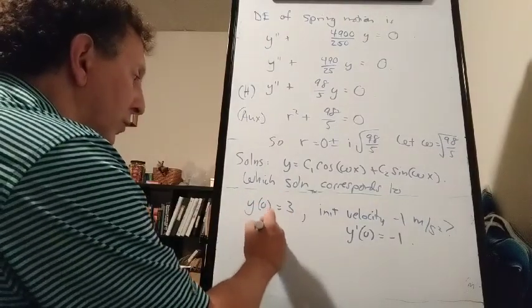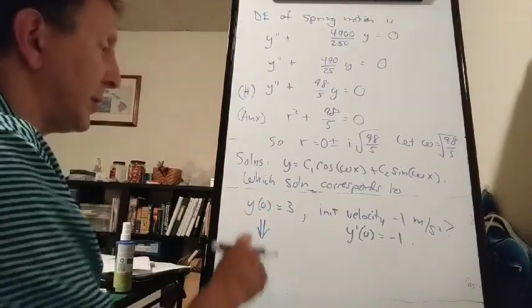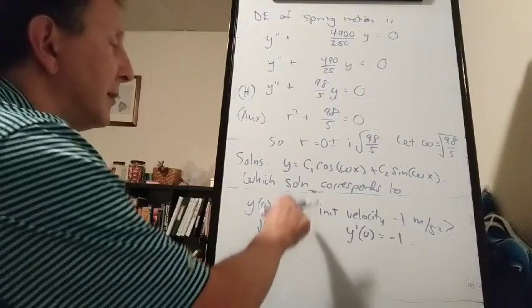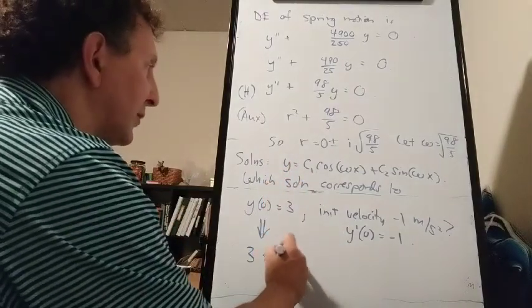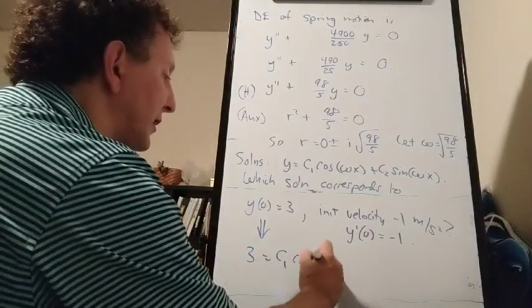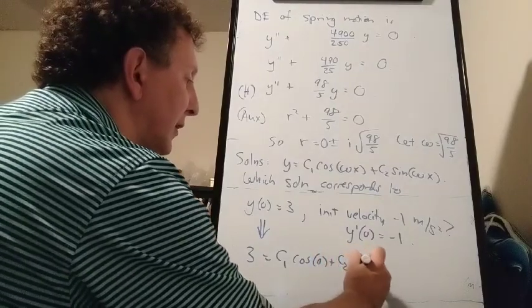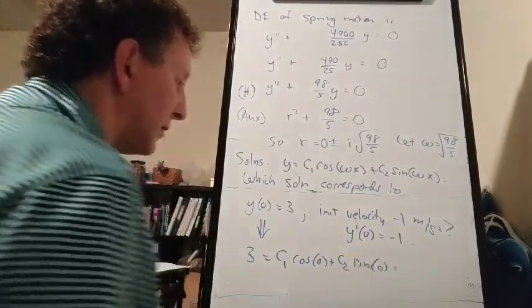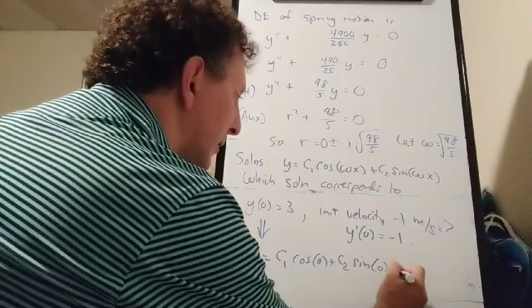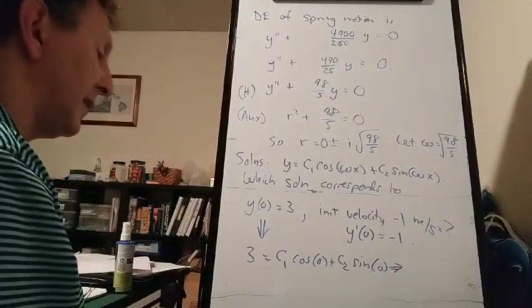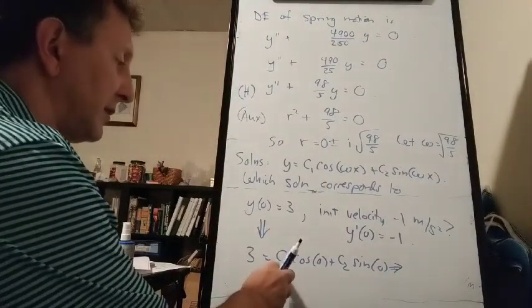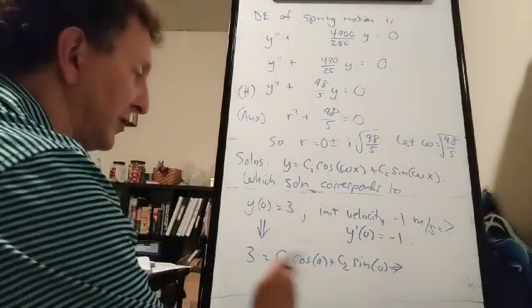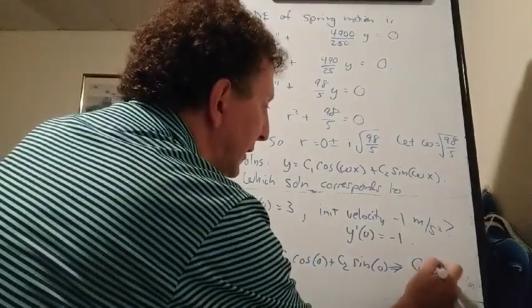So y of 0 being equal to 3 means that 3 equals c1 cosine of 0 plus c2 sine of 0, which means that 3 equals c1 times 1 plus c2 times 0. So c1 equals 3.